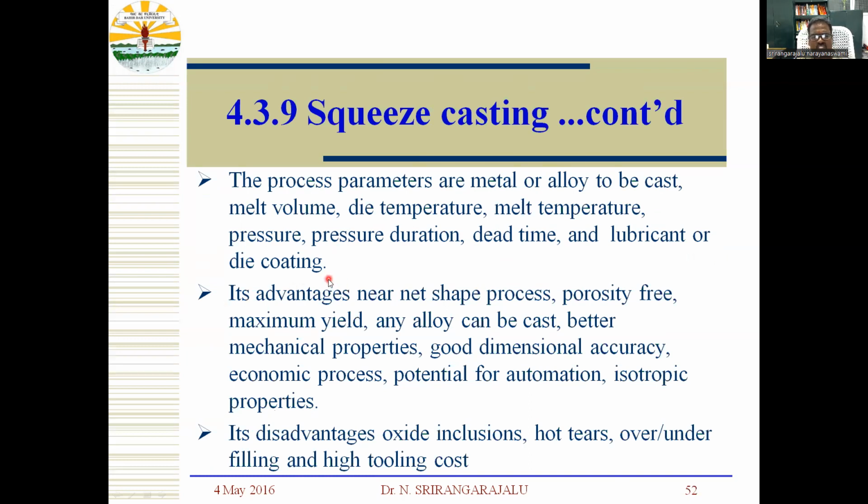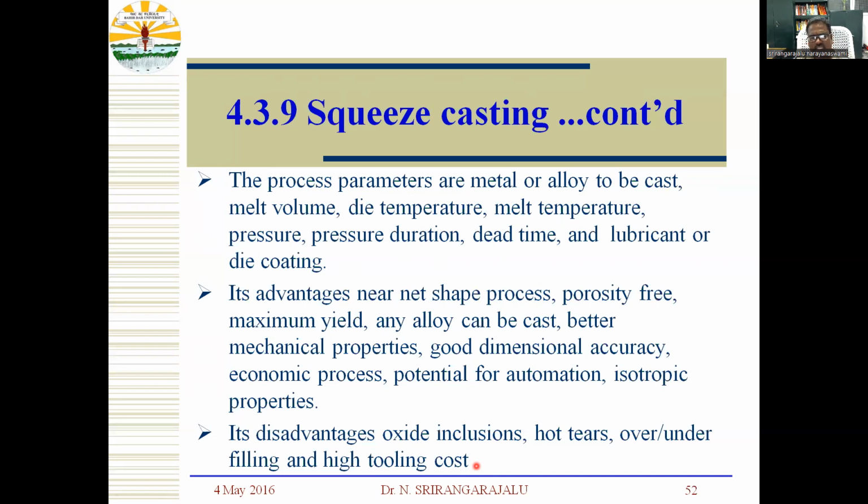Its advantages: near net shape process, porosity free, maximum yield, any alloy can be cast, better mechanical properties, good dimensional accuracy, economic process, potential for automation, and isotropic properties. Its disadvantages: oxide inclusions, hot tears, over and under filling, and high tooling cost.